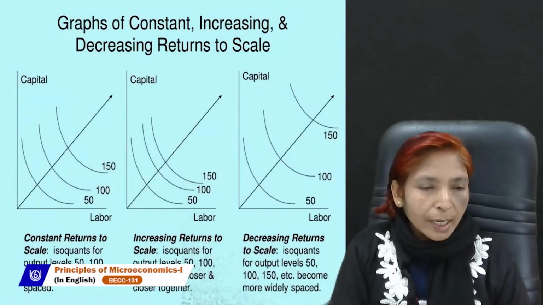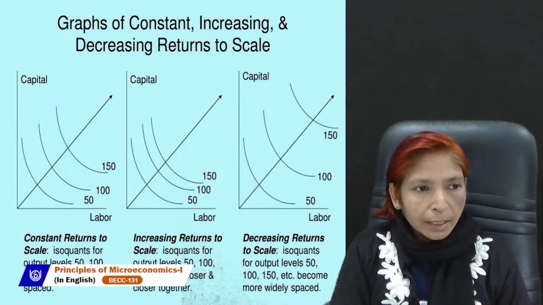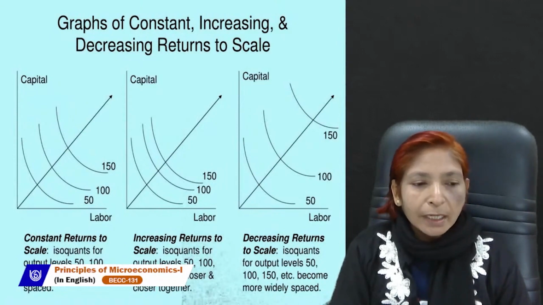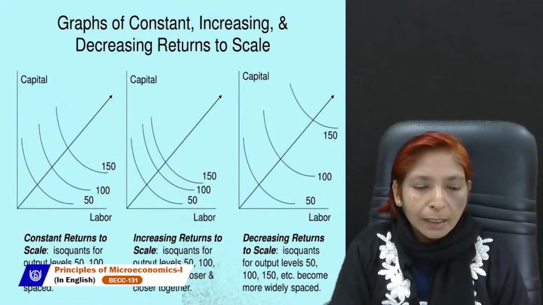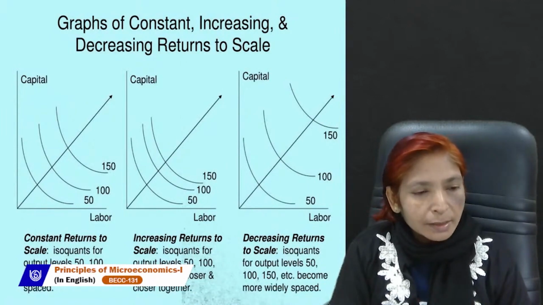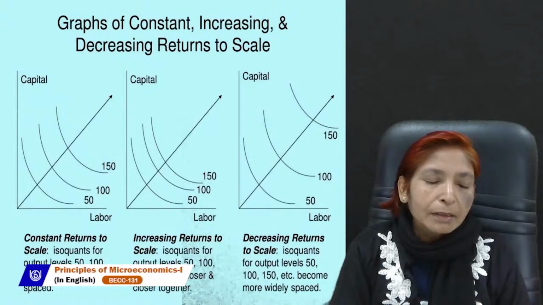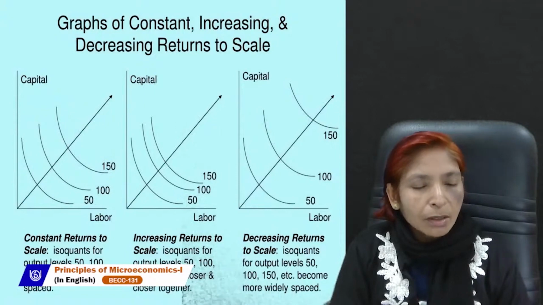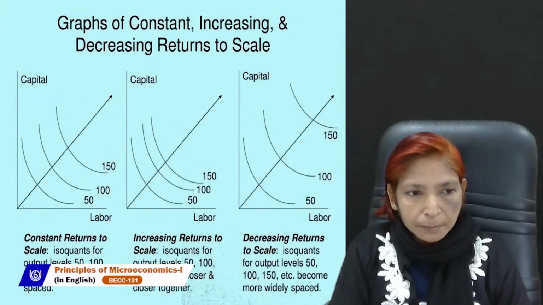In the first diagram, on the x-axis, first of all, when we draw any diagram in production function, we take one factor like labor on the x-axis and capital on the y-axis. A line which starts from the origin is called the expansion path.